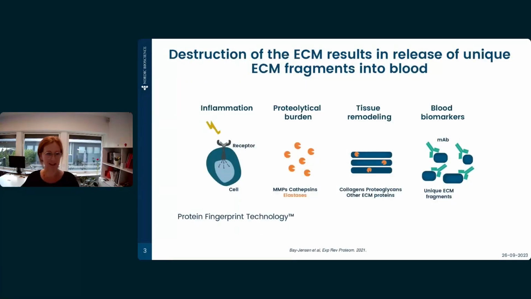To give you an idea of how we see the world: when inflammation hits, cells become activated and start releasing MMPs, cathepsins, elastases, and other proteolytic enzymes that then remodel, degrade, and destroy the collagen or the proteoglycans, other extracellular matrix molecules in the tissue, including the joint tissue. Some of these small fragments can be picked up in blood and thereby reflect this remodeling. That's the focus of my research group.